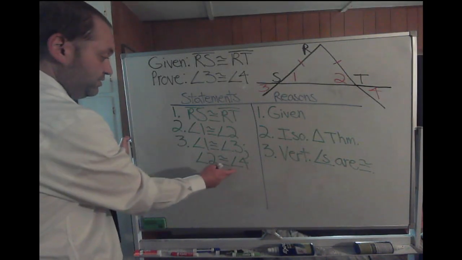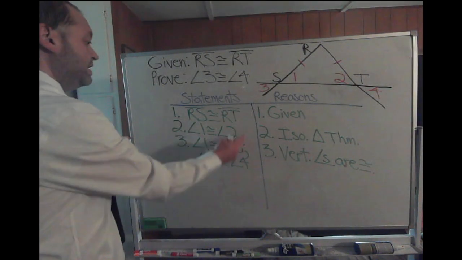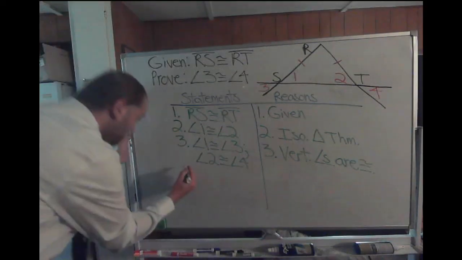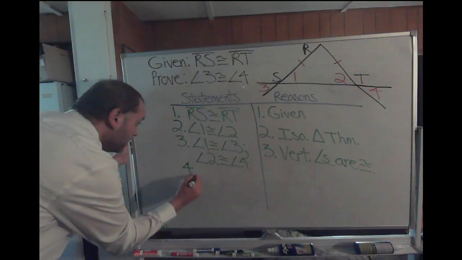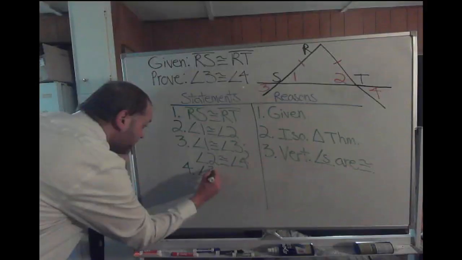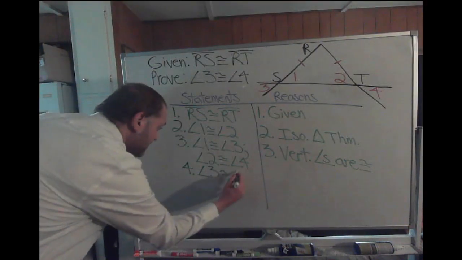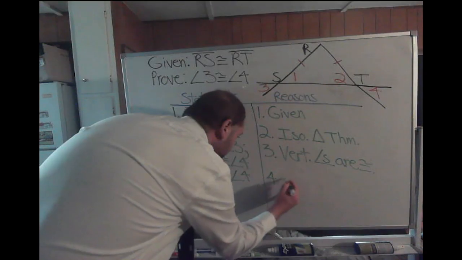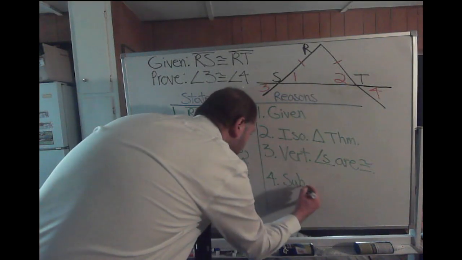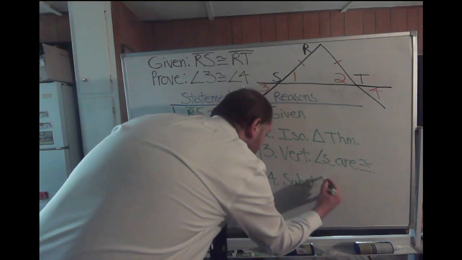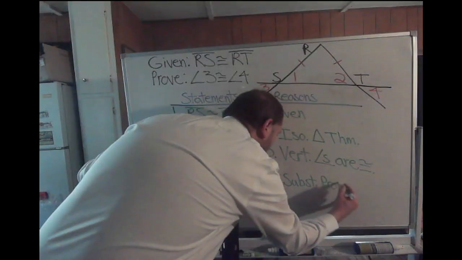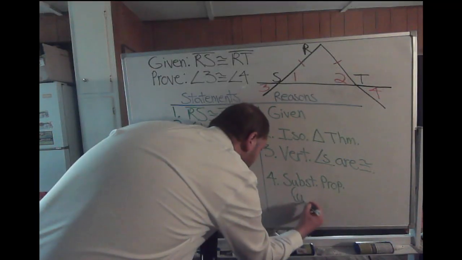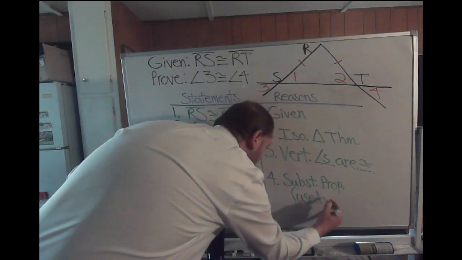And then if angle 2 is congruent to angle 4, we could put angle 4 in for angle 2. So right away, we can say that angle 3 is actually congruent to angle 4 by the substitution property used twice. So this will be by the substitution property used twice.